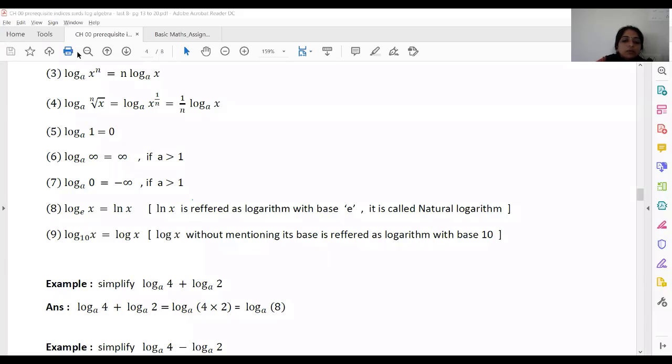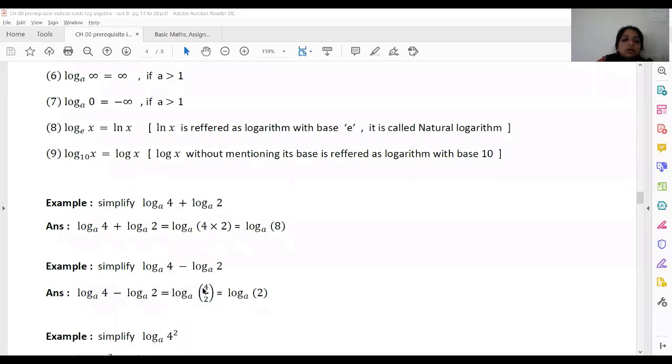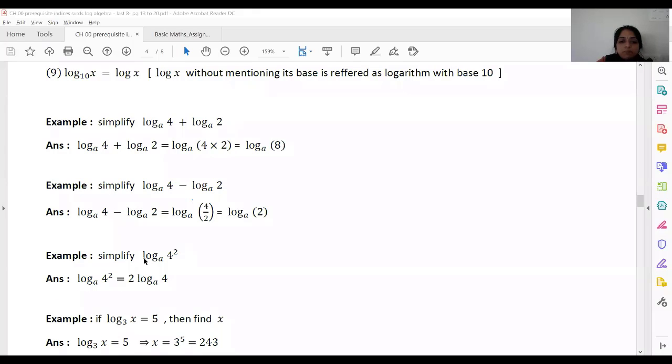Okay, now for the subtraction, log base a 4 minus log base a 2, that is log base a 4 upon 2, that is 4 by 2 is 2. For the third rule, simplify log base a 4 raised to 2. Here 2 is the power, so we represent this term as 2 log base a 4.